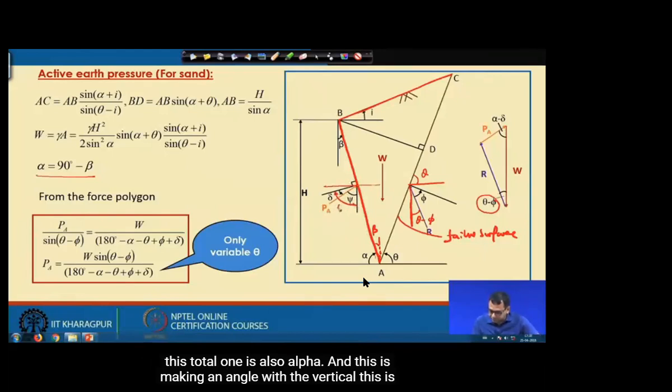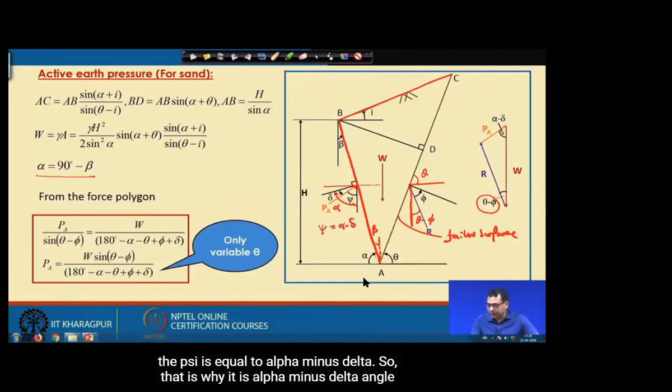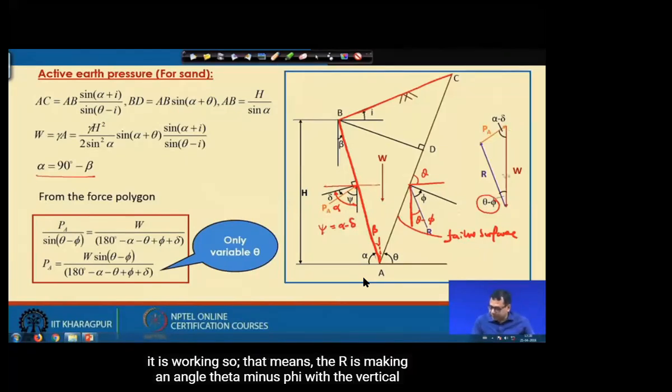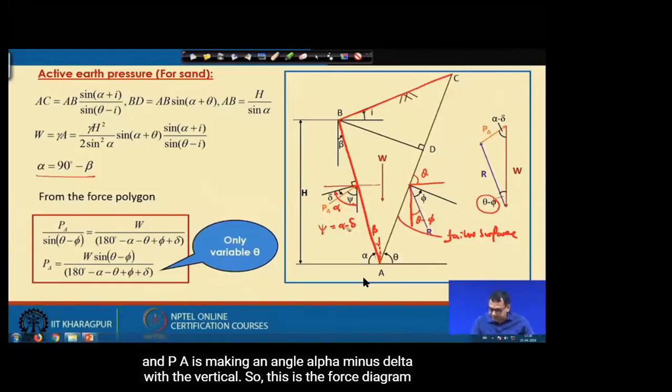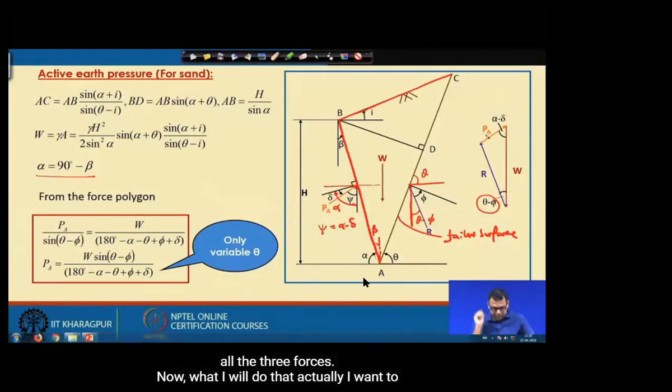And this is making an angle with the vertical, this is xi. Xi is equal to alpha minus delta. That is why it acts at an angle alpha minus delta. So R is making an angle theta minus phi with the vertical, and PA is making an angle alpha minus delta with the vertical. So this is the force diagram of all the three forces.